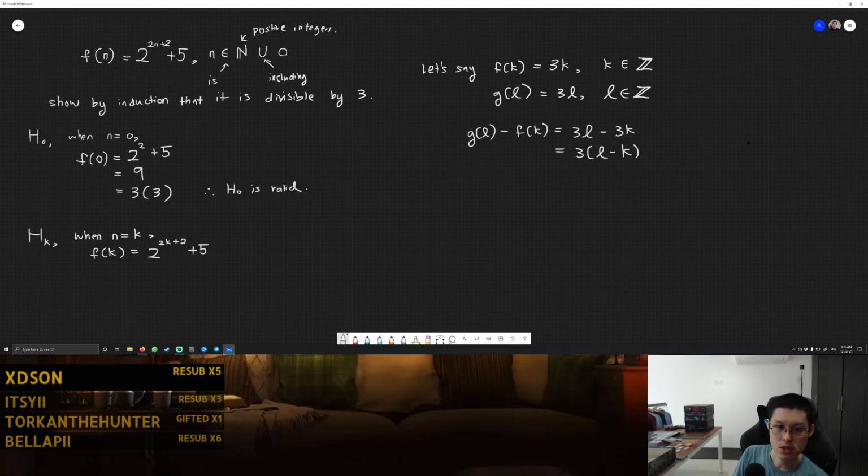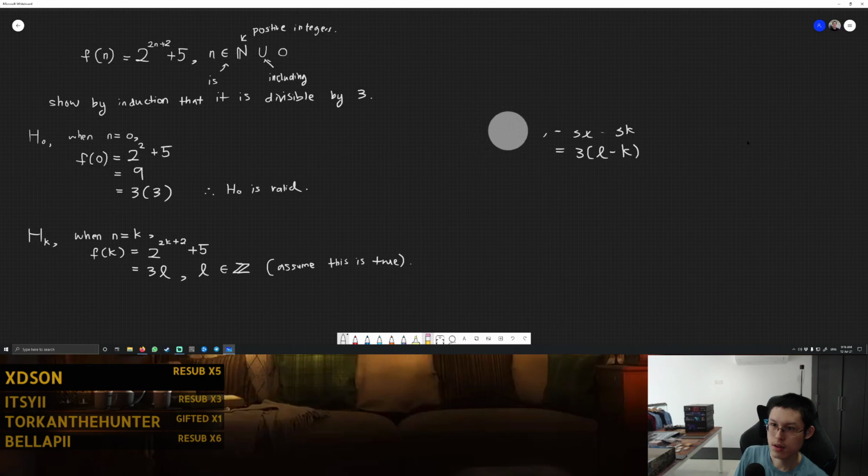And we are going to assume that this is in fact equal to 3l, where l is some integer. So basically we're assuming that this is divisible by 3. We're going to assume this is true.